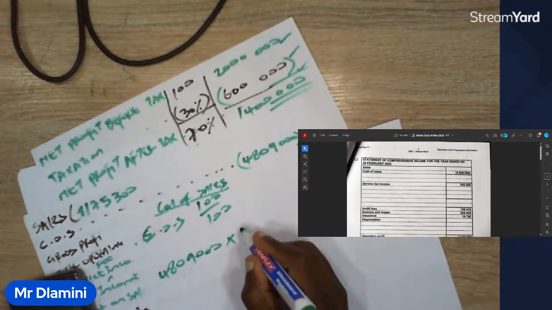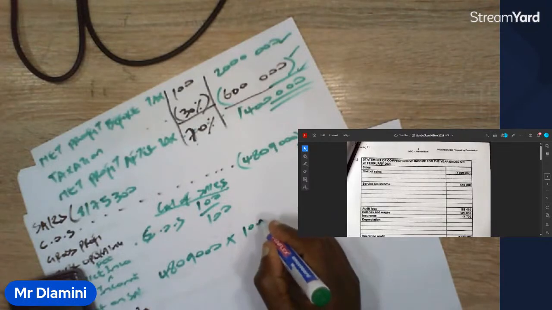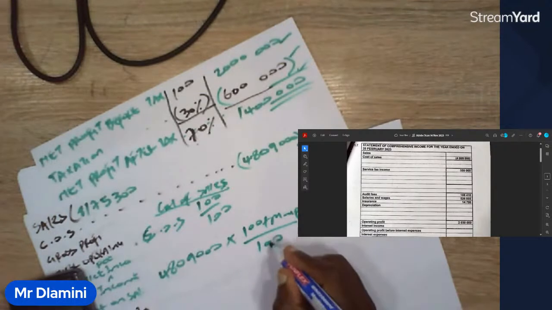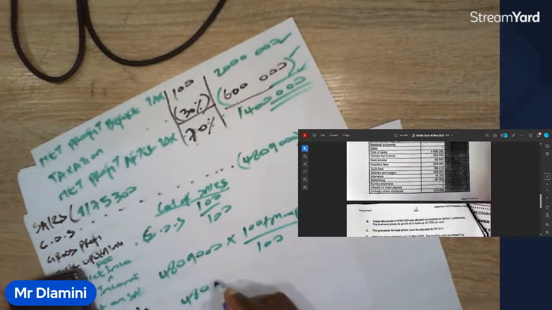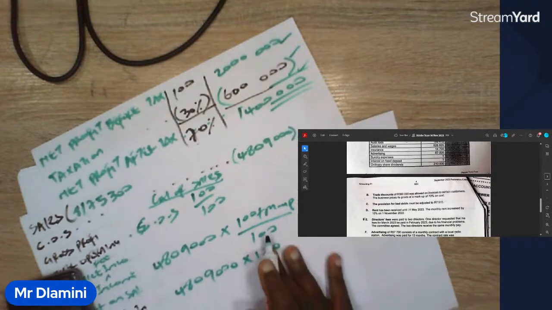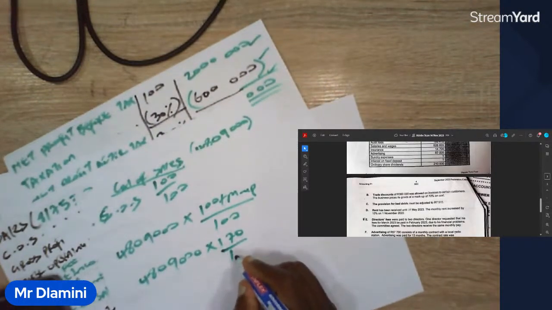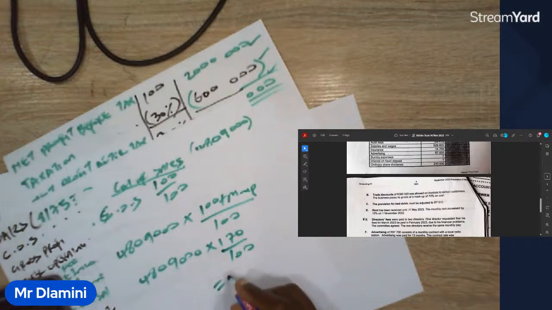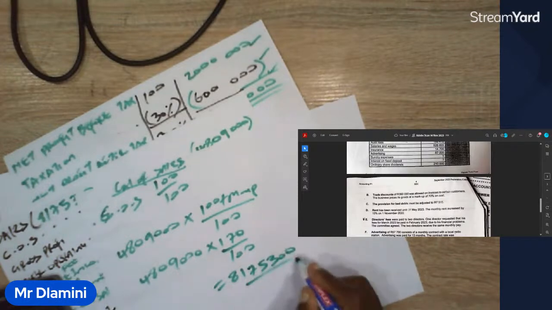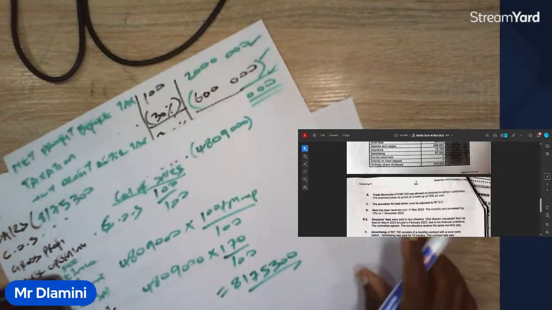So then times by, we add a markup, it's 100 plus markup, divided by 100. So which means 480,900 times by 170, because the markup percentage is 70. Divided by 100. So the answer here is 817,503. Okay, so that is our sales.